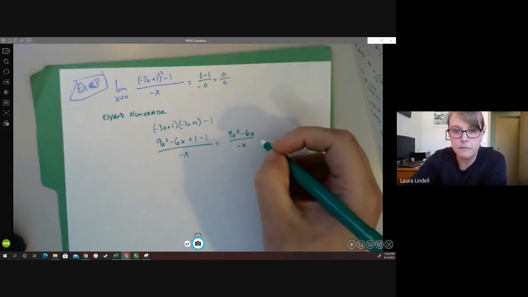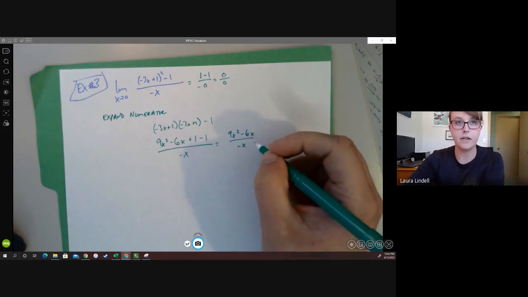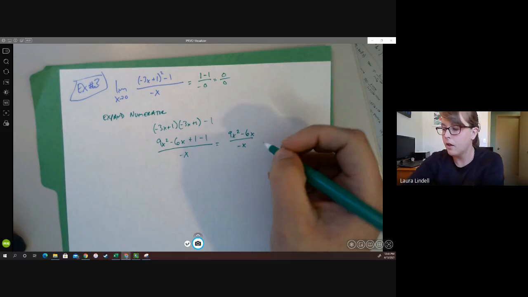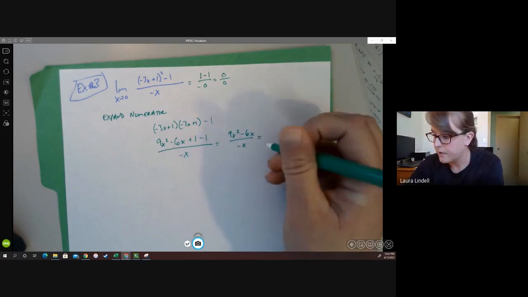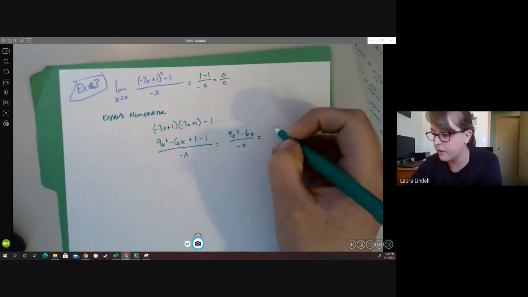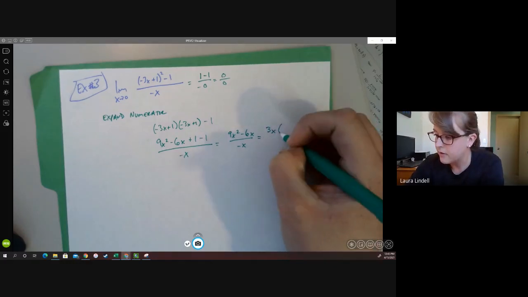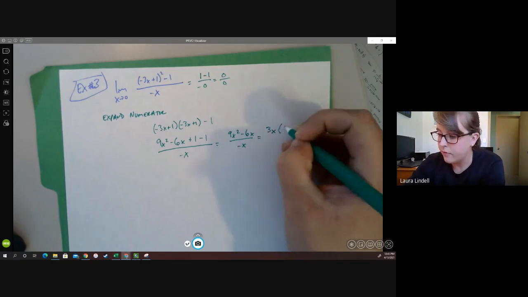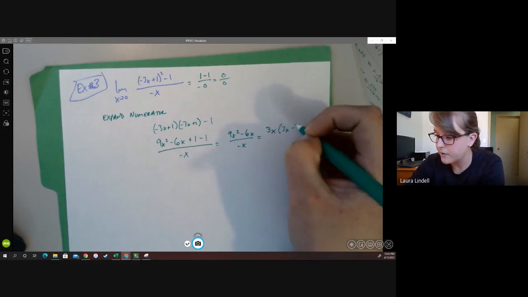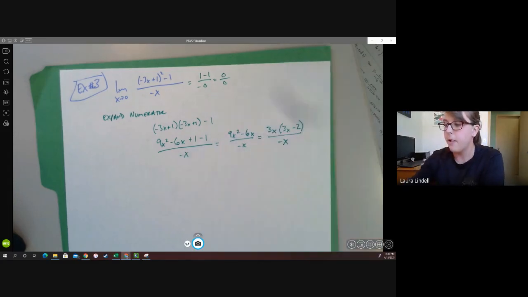And actually the greatest common factor would be 3x, but all you really need to factor out is an x, although you could factor out a 3x if you'd like to. So let's do that. 3x, just factor out the greatest common factor, because why not? So we have 3x, and then we're still left with 3x minus 2, and that's all over negative x.